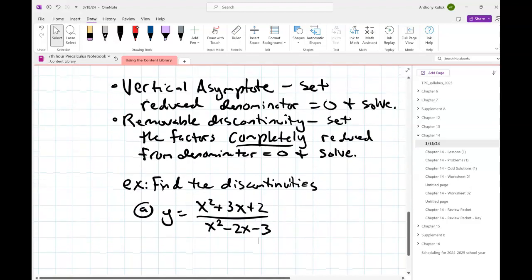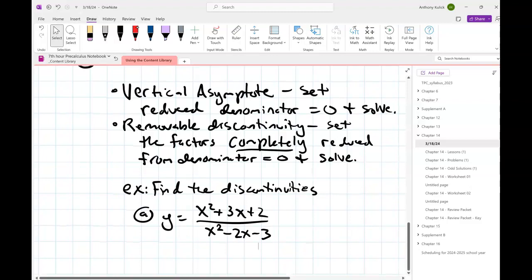Notice to find any of the discontinuities, we need to look at the reduced problem. In order to reduce a rational expression, what do we have to do? Give you a hint. Starts with an F.